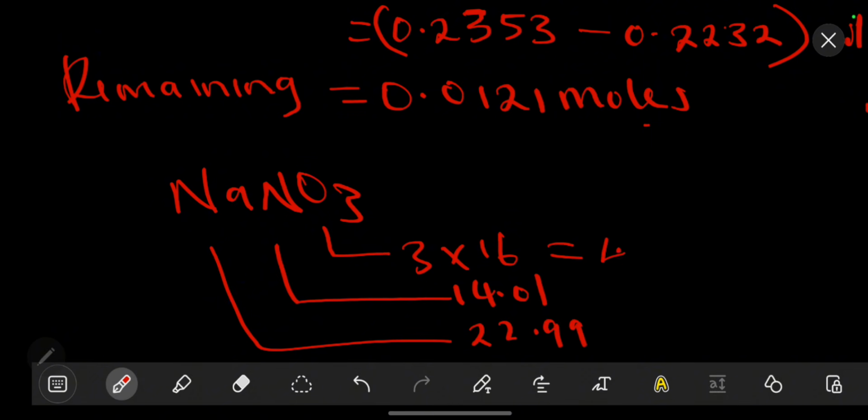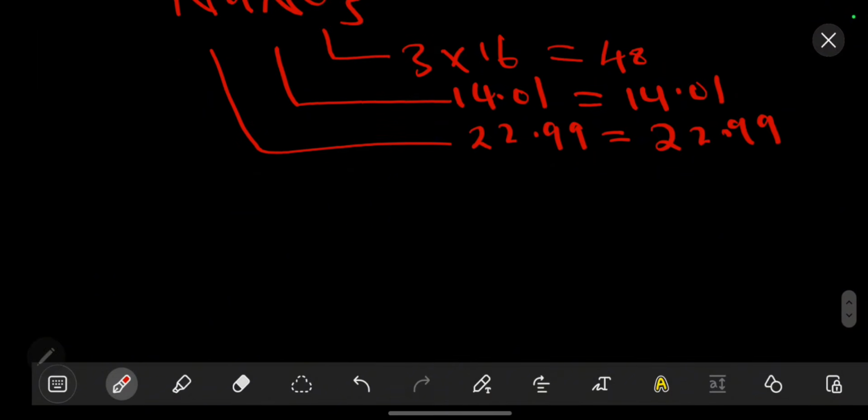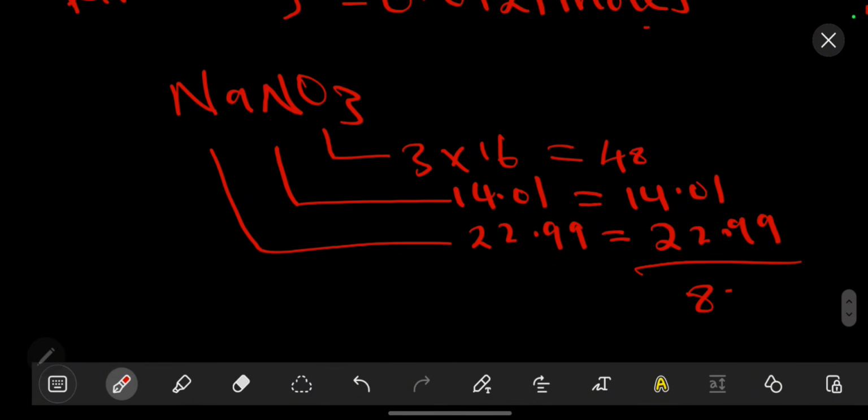When we add this, we get 48 plus 14.01 plus 22.99. We got the value to be 85. So we are going to use 85 grams per mole.